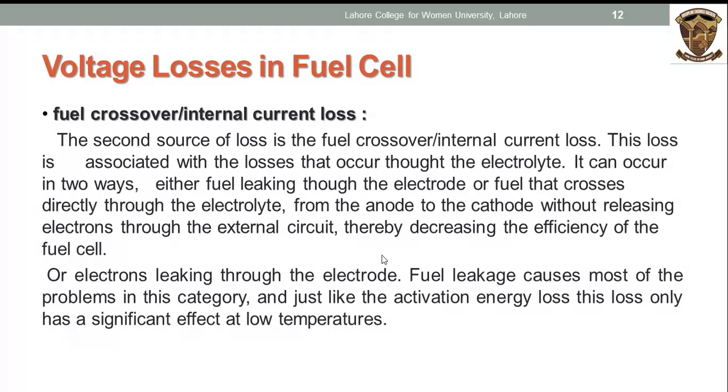It can occur in two ways: either the fuel leaking through the electrode, or fuel that crosses directly through the electrolyte from the anode to the cathode without releasing electrons through the external circuit, thereby decreasing the efficiency of the fuel cell. Or electrons leaking through the electrode. Fuel leakage causes most of the problems in this category, and just like the activation energy loss, this loss only has a significant effect at low temperatures.